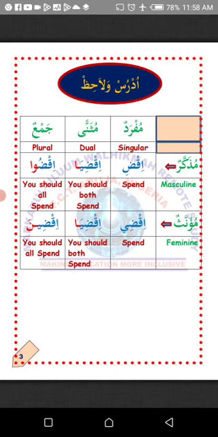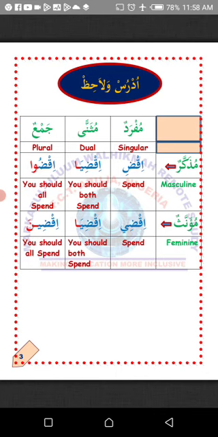Now we talk about muzakkar. Muzakkarun, masculine, is a word in Arabic that represents a male person or a male object. Just like the verb iqdi can only be used to talk to a single male person to spend. So if they are two, you attach alifun to the last letter.